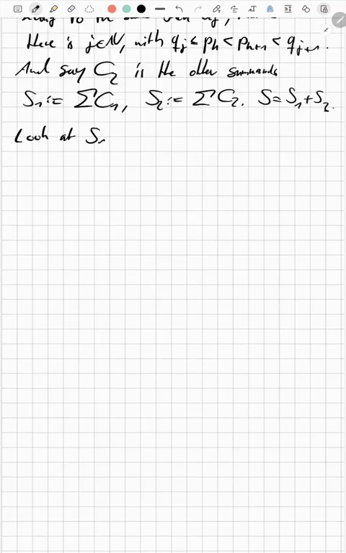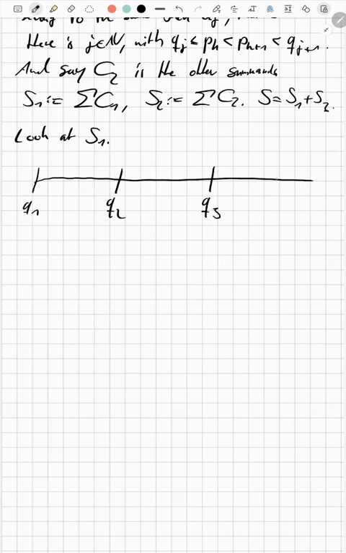Look at S1. Now, as an example, the blocks of un of our block basic sequence could look somewhat like this. So here we begin. This is our q1. This is our q2. This is our q3. Then we have a q4. And this will just go on. And maybe here we have p1 up to p3. And here we may have a p4 and a p5, and here maybe a p6 and a p7.